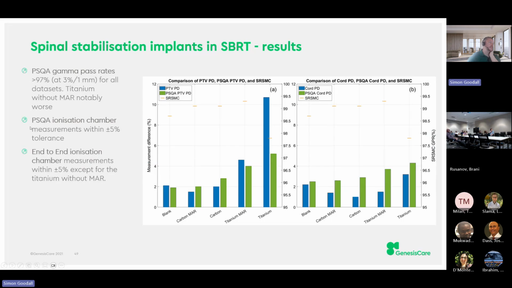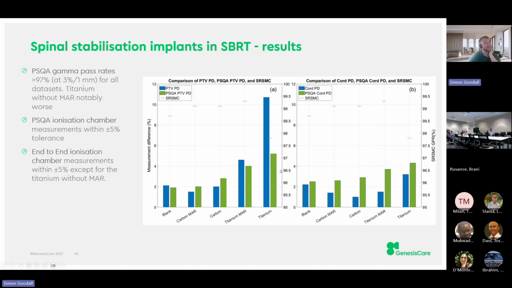Then we looked at the end-to-end test, so we measured the doses, and we looked at the patient-specific QA results as well. So what we saw was that for the phantom with no implants, or the carbon implants, we saw very good dosimetric agreement, always sub 5%, generally sub 3% in those cases.